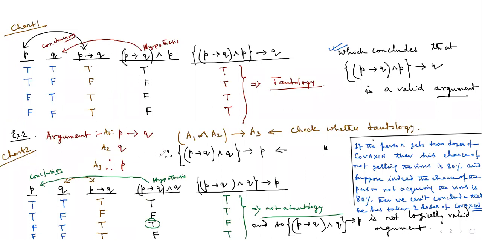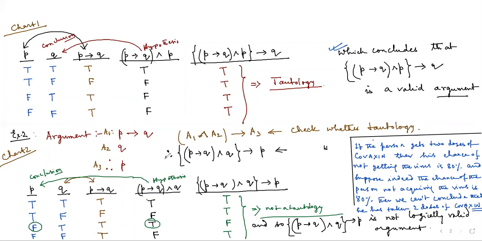But the problem which arose in chart 2 was this one. We found the hypothesis to have the value T and the conclusion to have the value F, and that created the actual problem.